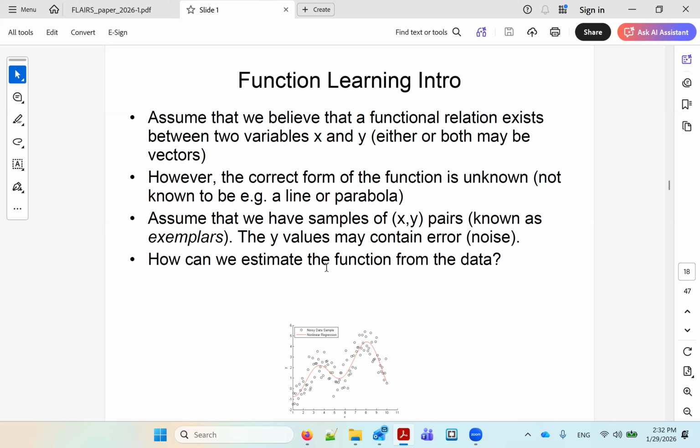Okay, so we're hoping for a technique that'll do a good job of making a guess, which is what it will be at the end of the day, as far as what that function could be. And we want that because, of course, we want to use this for prediction. If you say, I now need to know what the function should be at 7.5, I might have no data point exactly at that point.